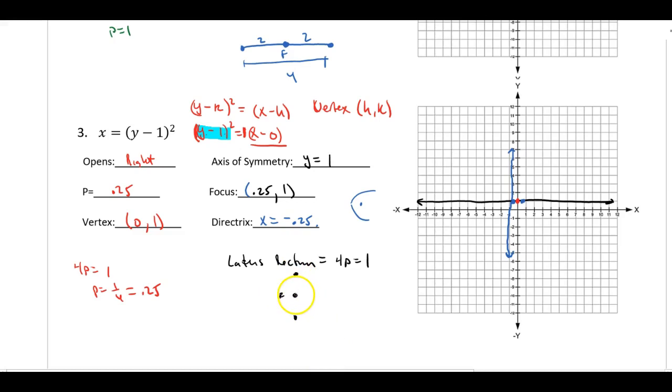Right? So, if it's 1 unit long, that means I'm going to go up 0.5 and down 0.5 from the focus. So here, I'm going to go down 0.5, and I'm going to go up 0.5, and now I can sketch my graph.